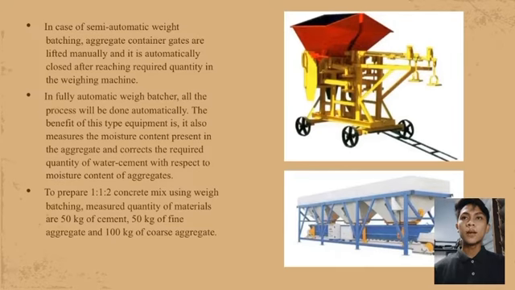The benefit of this type of equipment is that it also measures the moisture content present in the aggregate and corrects the required quantity of water cement with respect to the moisture content of aggregates. To prepare 1:1:2 concrete mix using weight batching, the measured quantities of materials are 50 kg of cement, 50 kg of fine aggregate, and 100 kg of coarse aggregate.